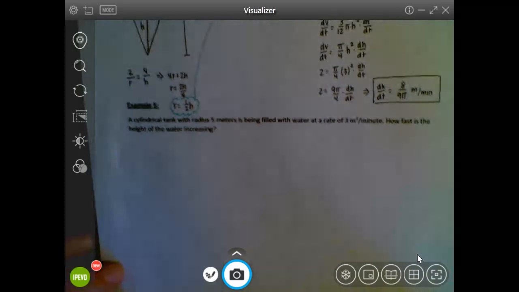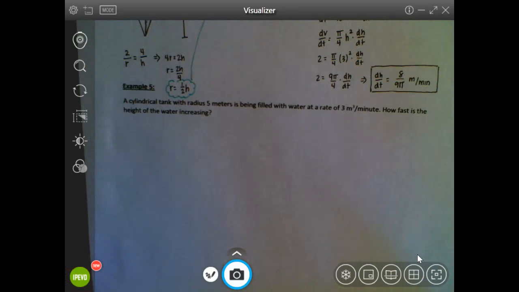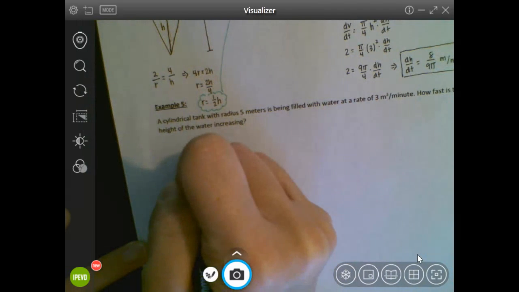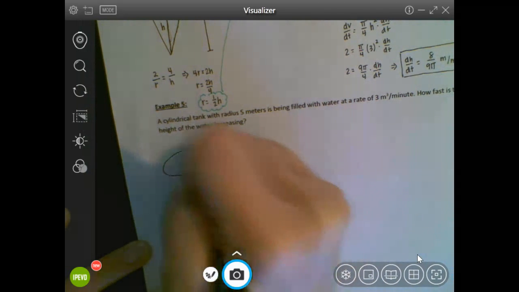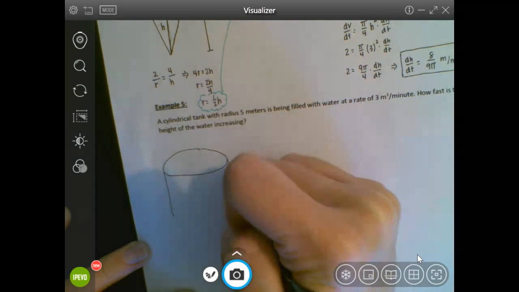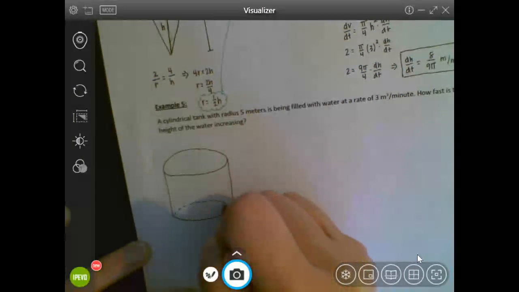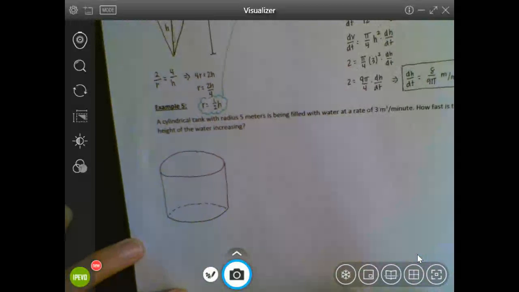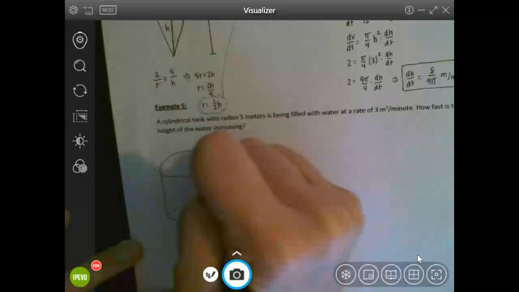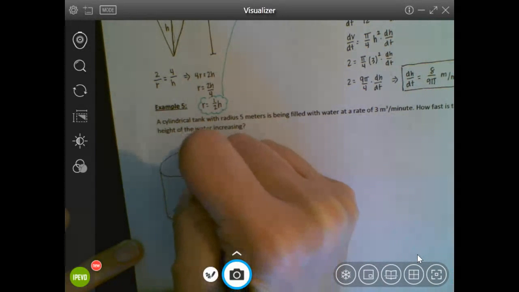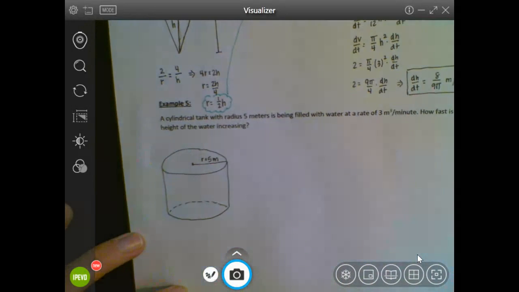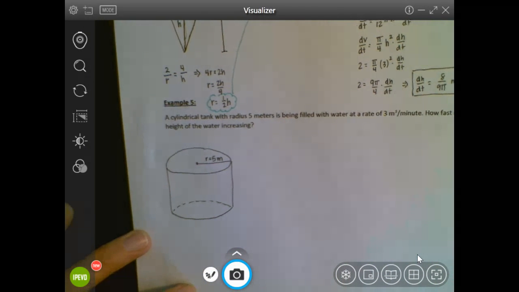All right, we'll look at one more geometry type question. So this time we're talking about a cylindrical tank. I'm going to draw myself a diagram here. Okay, so my cylindrical tank has a radius of 5 meters, and it's being filled with water at a rate of 3 meters cubed per minute.